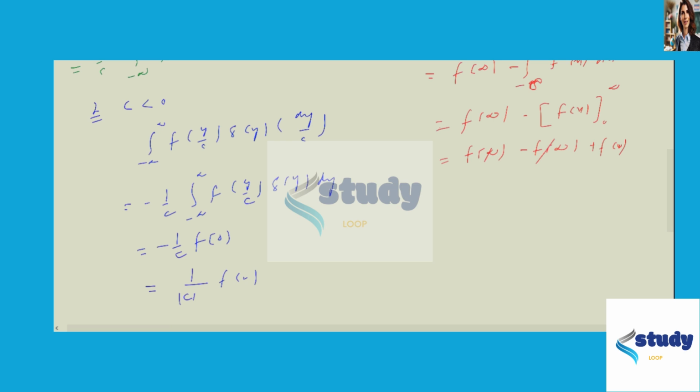These two cancel, so we are left with only f(0). This verifies that the derivative of theta with respect to x is equal to delta(x).